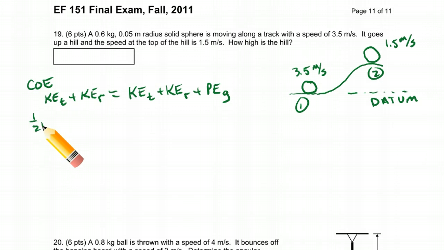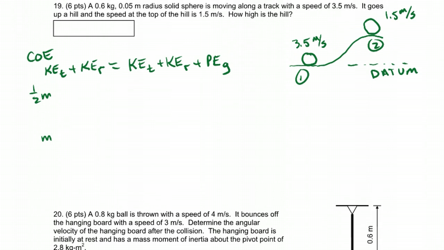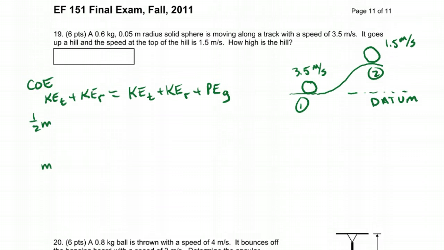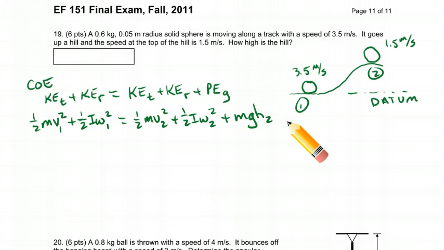We'll have one half m v1 squared plus one half I omega 1 squared is equal to one half m v2 squared plus one half I omega 2 squared plus m g h2.